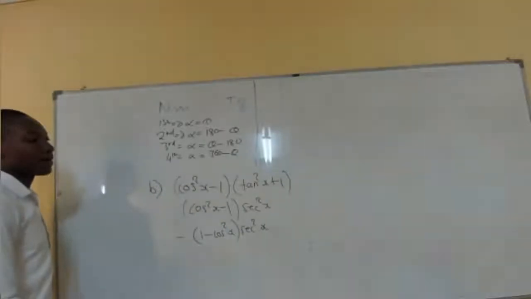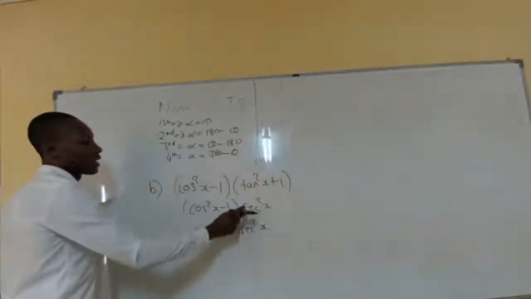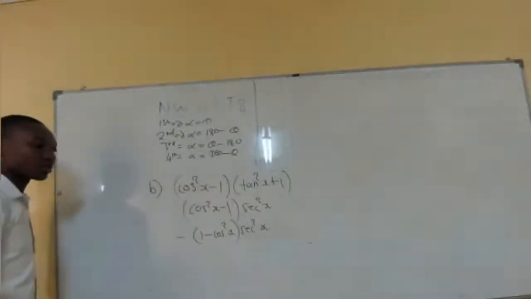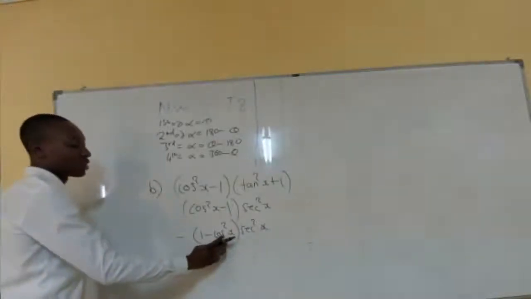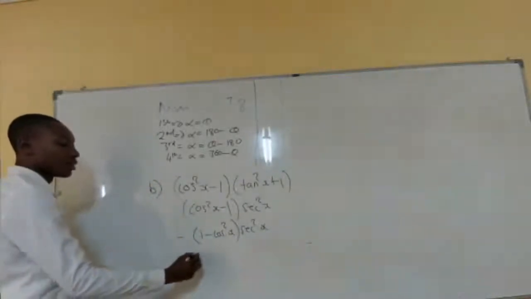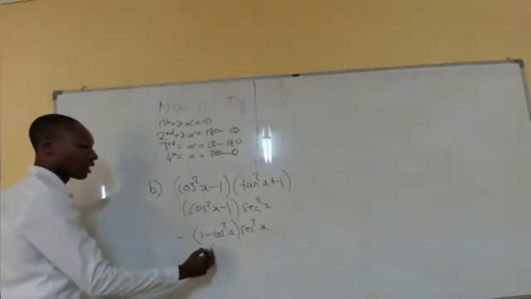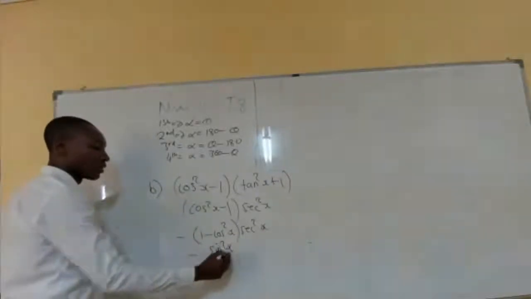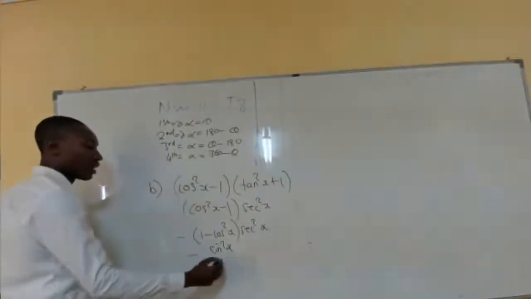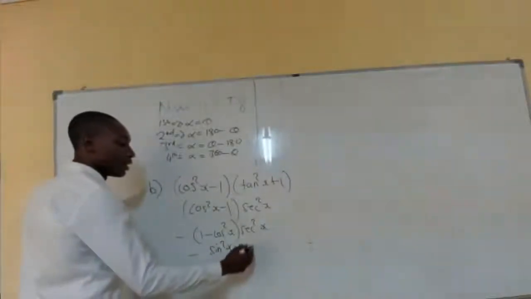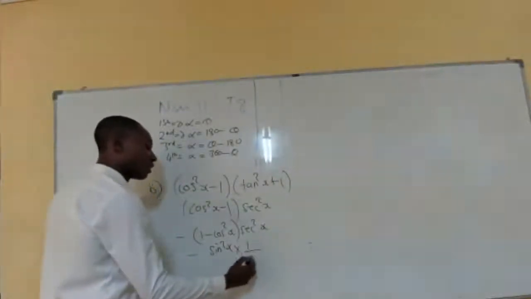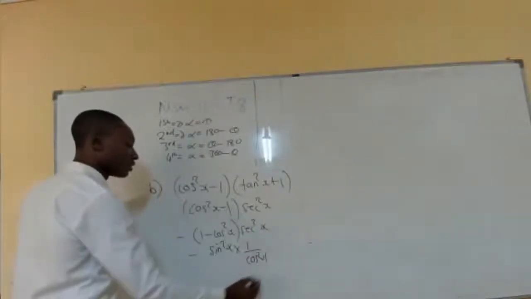Sec is 1 over cos, right? This one here is sine squared x. So negative sine squared x multiplied by 1 over cos squared x.